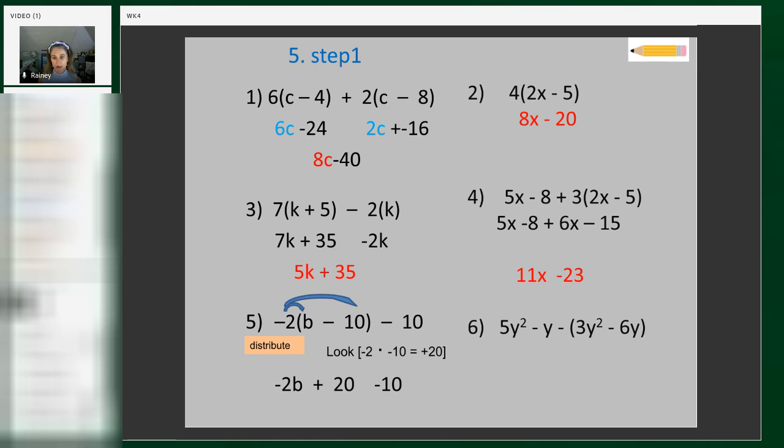Let's see if you got your signs right. All right, last step is to combine what you can with those. You can only combine the constants. Okay, there's our final answer.